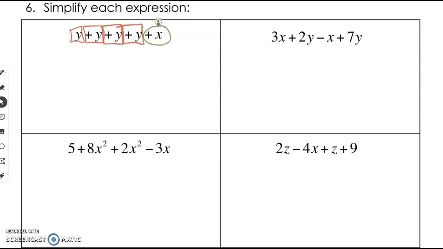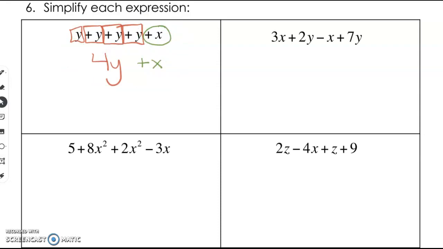So I'm going to combine my like terms now. Look at all my red squares. I have 1, 2, 3, 4, so that gives me 4y. And then I also have plus x. So it's a way for us to condense really big equations and make them smaller so that we can solve.